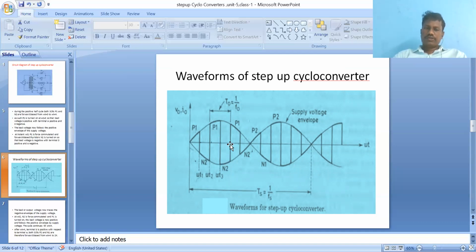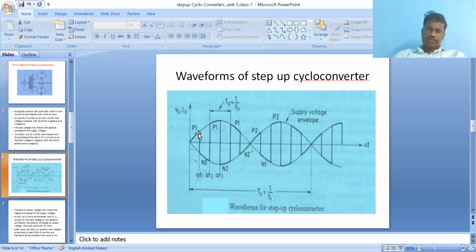Then again forced commutation is applied to the N2 thyristor, N2 comes in off state, P1 is already forward biased, and applying the firing pulse to P1, P1 produces load voltage, positive and negative. Like that, by the end of one positive half cycle of input, we are getting 3 cycles of output.